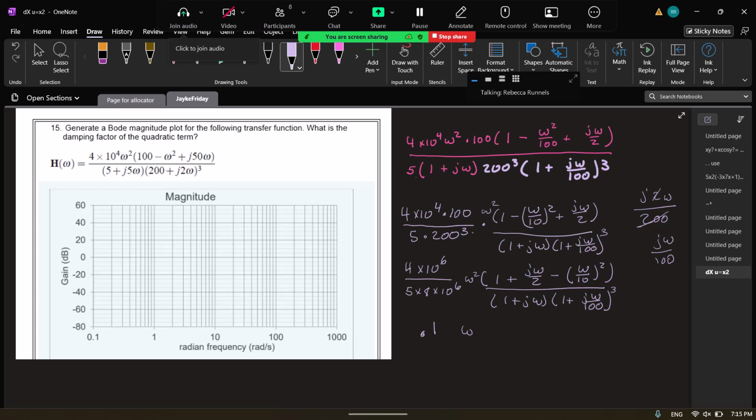Okay, so omega squared. Now I want to look at the form of this thing and compare it to what I have on the first page.